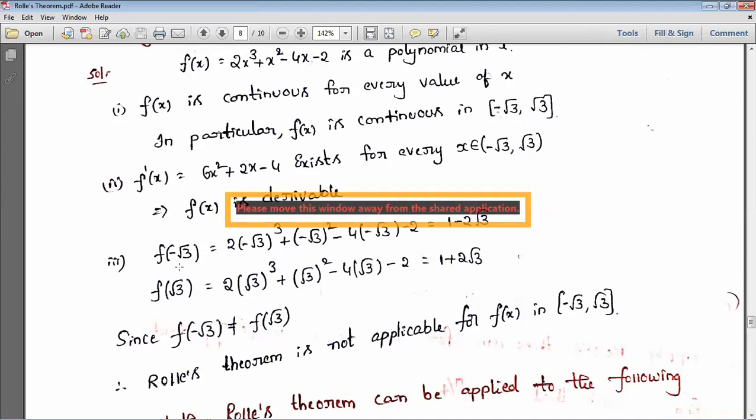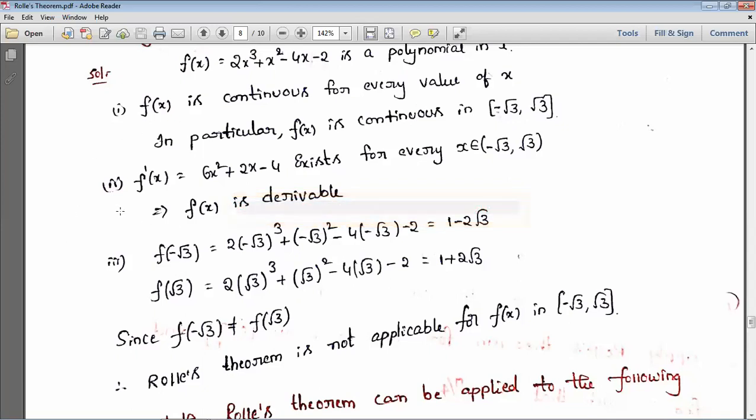If at least one credit is not available to you, then you are not eligible for second year. In the same way, if any one condition is not satisfied, then Rolle's theorem cannot be verified, and we can't apply it also. Okay, so clear about it. So this is one of the important ones.